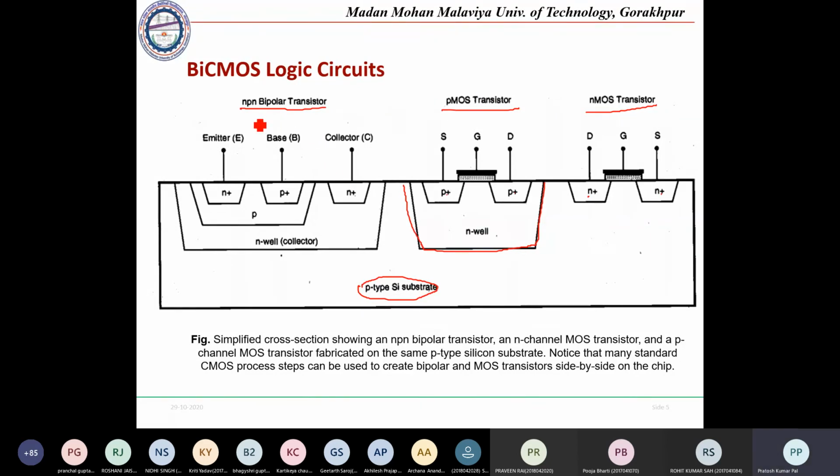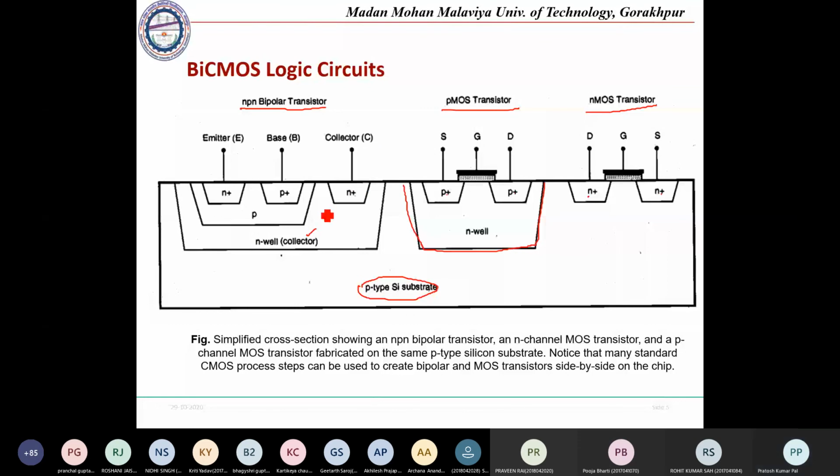While fabricating the BJT, sorry, this is the P substrate. Into the P substrate, we will be creating an NVEL. That NVEL will be considered as the collector region, so that NVEL will be N type. Another N plus doping will be used for the collector terminal.